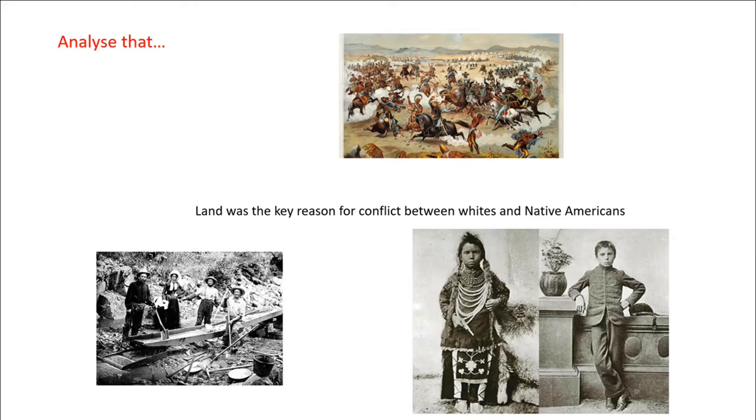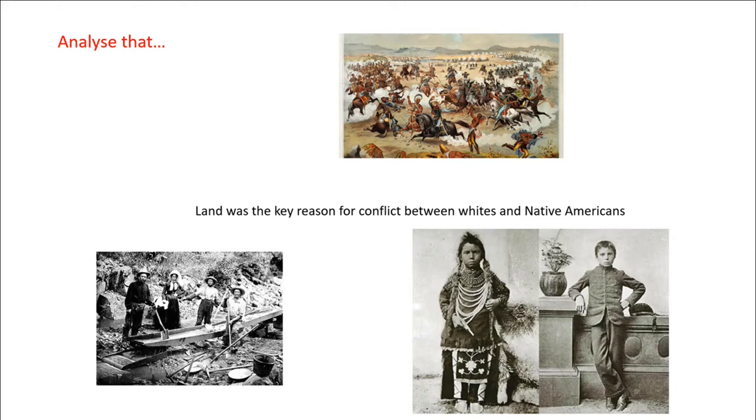However, possibly underlying the reason for that conflict based on land was a cultural difference between whites and Native Americans. That cultural difference was built on the idea that white people felt that their civilization and their sedentary lifestyle and their way of living was superior to Native Americans.